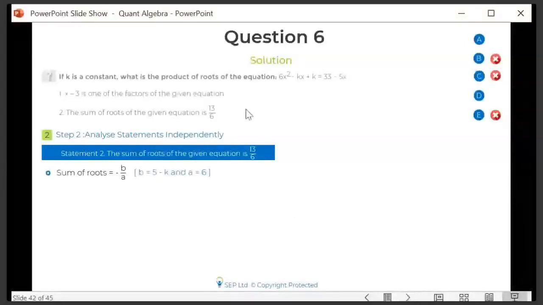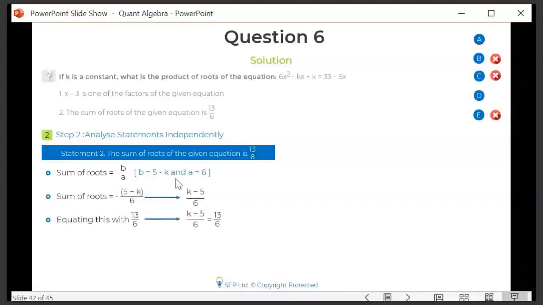So we can place this in minus b by a and then equate this with 13 by 6. And if we equate it, obviously we will be able to find out the value of k. And once we have the value of k, we can place it in the product of roots equation and find out our answer. So even statement 2 is sufficient, and hence the answer in this case will be option D.